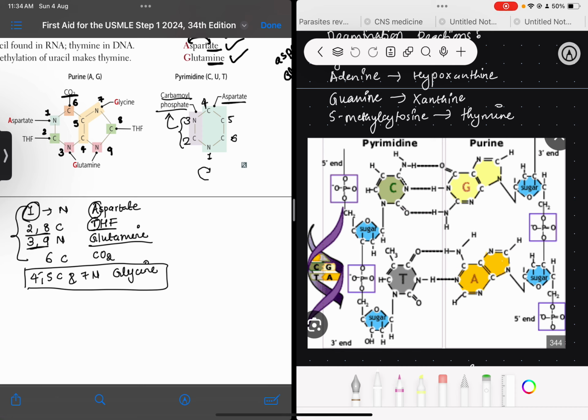All others will be formed by carbon only. So 2 and 8 are by tetrahydrofolate. We remember that tetra means 4. So 2 and 8. And the 6th carbon is by carbon dioxide. And the 4th and 5th carbon are by glycine.